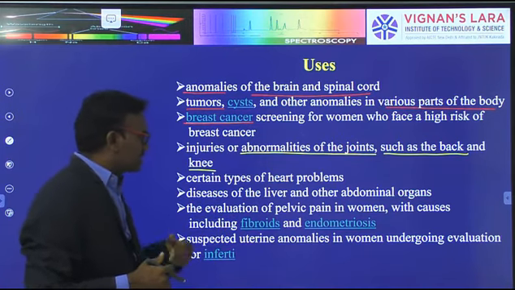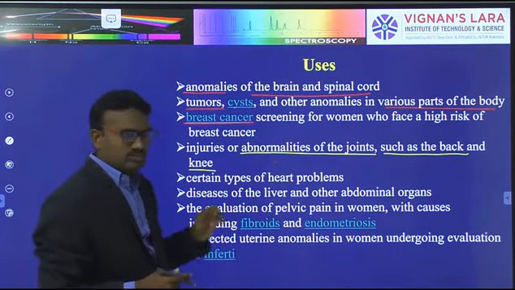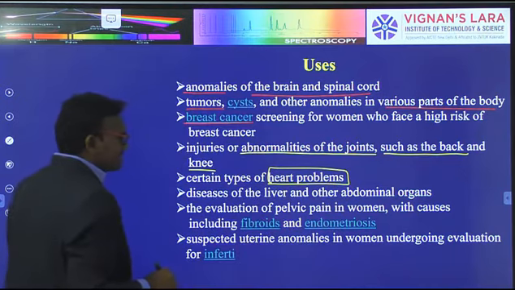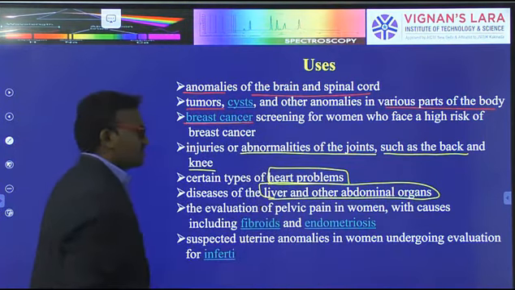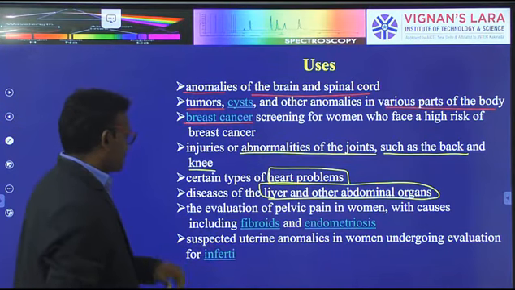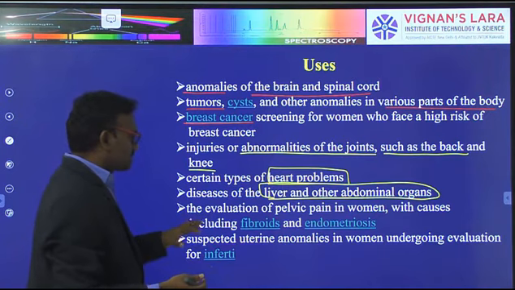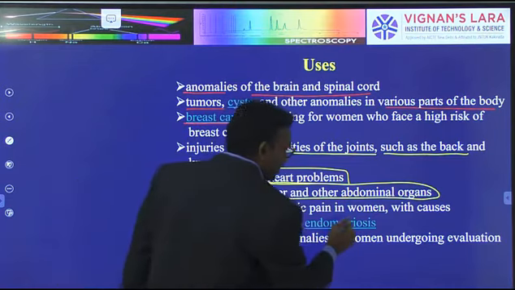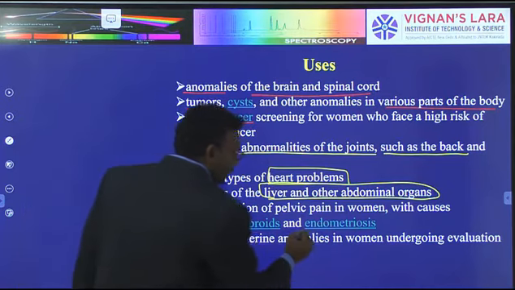It also detects certain types of heart problems, disease of the liver and other abnormal organs, and the evaluation of pelvic pain in women, including causes such as fibroids and endometriosis.